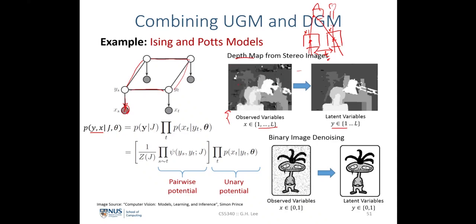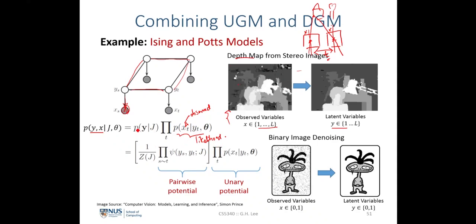This can be factorized into the parent-child relation of the directed graphical model. In this case, we call this the likelihood term, because it is conditioned upon the latent variable, where x is our observed random variable. Hence, this is a likelihood term.